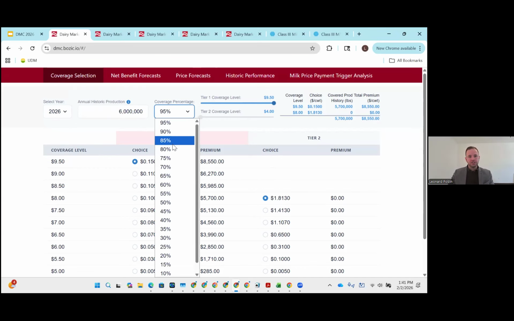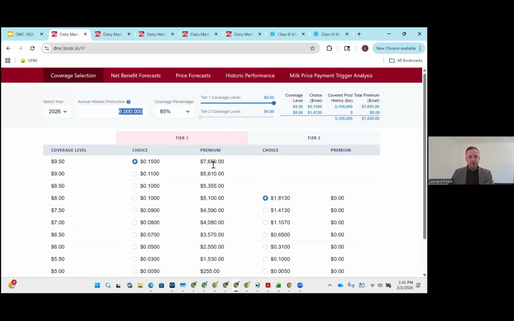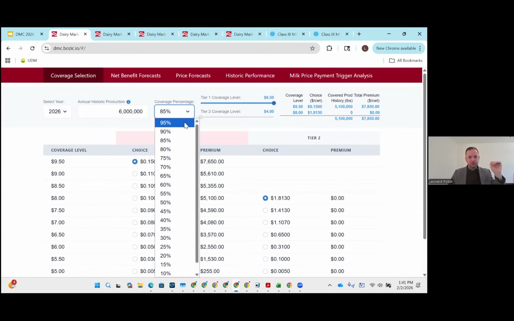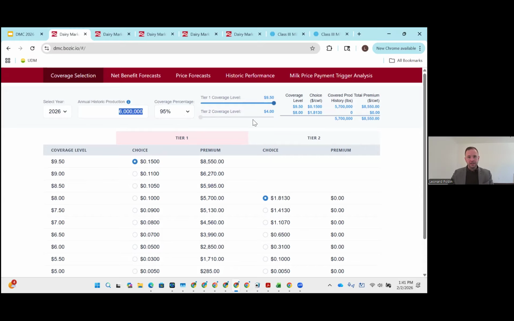So if you change that coverage level, as you can see, it changes that premium. But as you do that, just make sure you know that if a payment is triggered, you're not covering the same number of pounds then, as you would be if you're at that 95% coverage level.